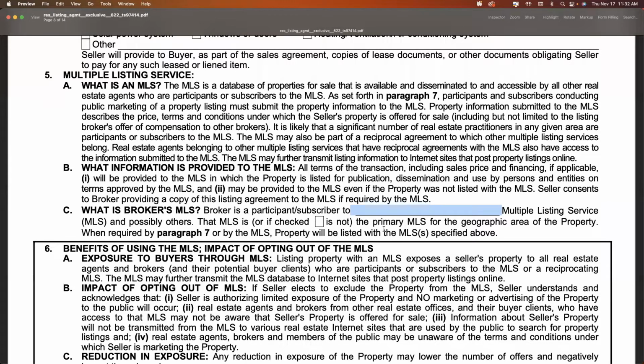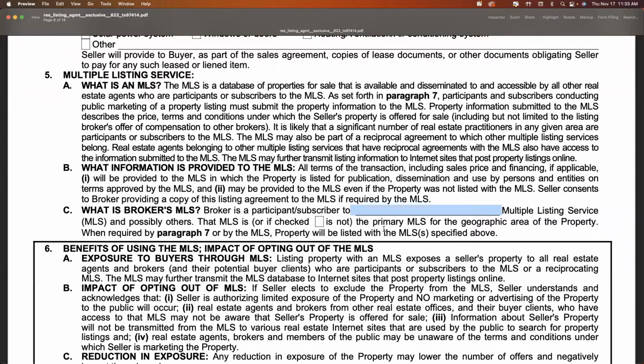So you go to Fresno and you go to Bakersfield and you go out into the desert, and you go all these places that have their own separate MLS, and the CRMLS is not the primary MLS for that geographic area. You have to check the box and let the potential seller know that it is not. Okay? So please make sure you're checking the box.